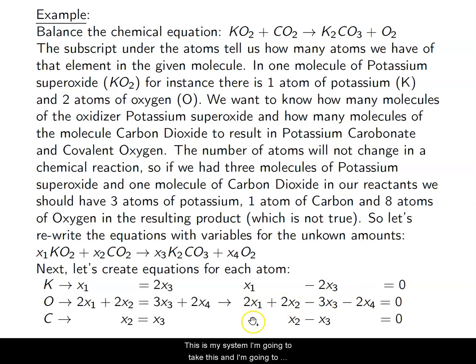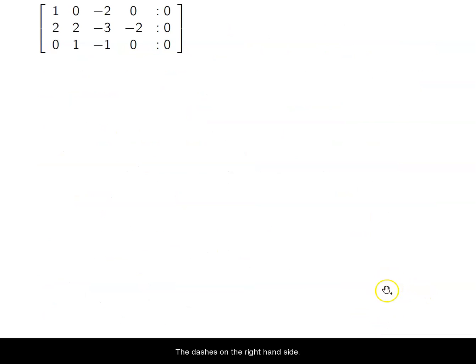So this is my system. I'm going to turn it into a matrix. 1, 0, negative 2, 0, 2, 2, negative 3, negative 2, 0, 1, negative 1, 0. Okay, so that's what we'll have for my augmented matrix, plus this column of zeros with the dashes on the right hand side as such.